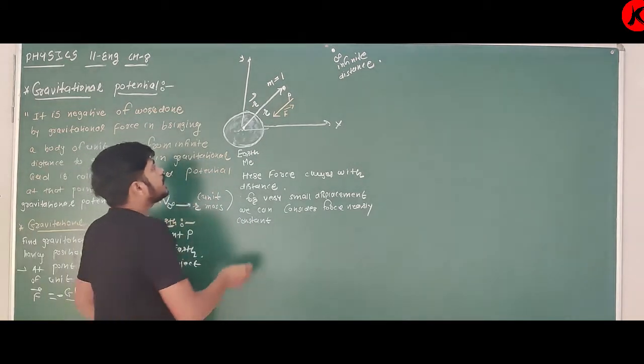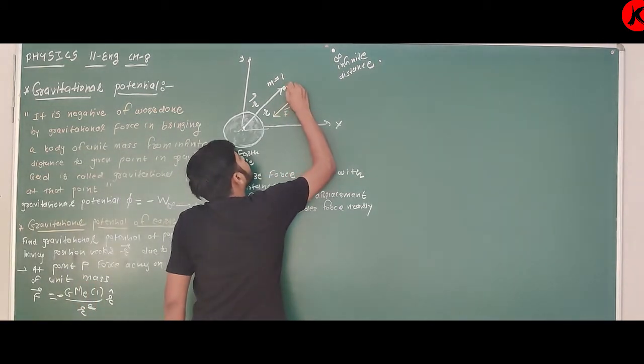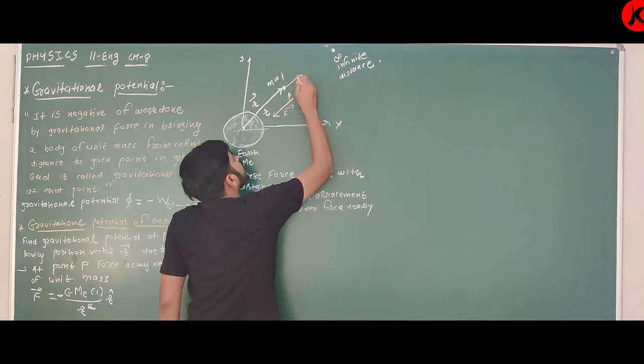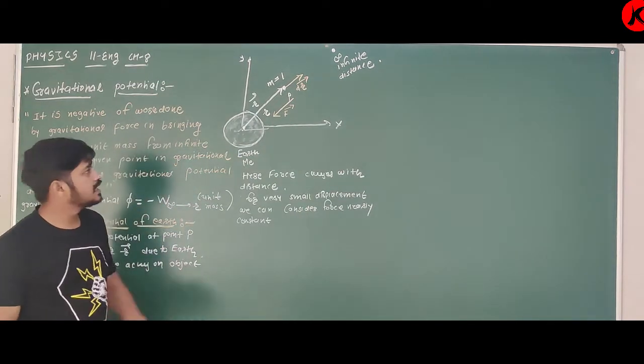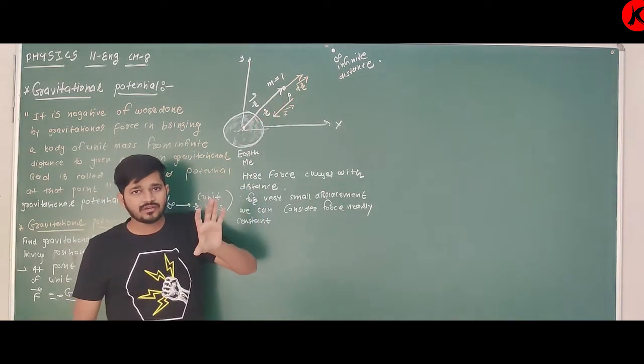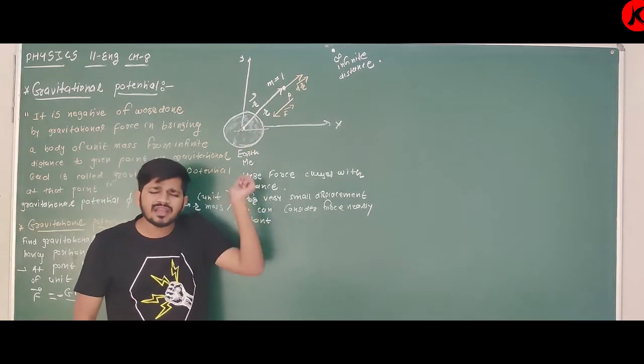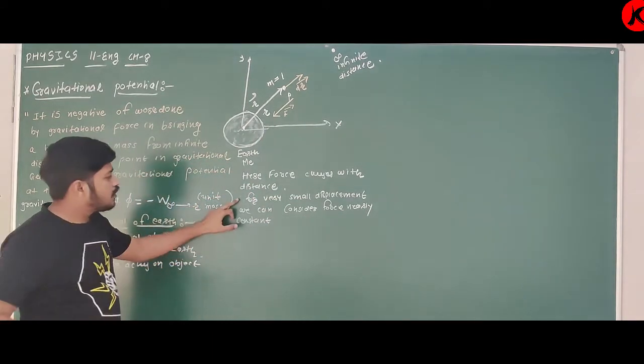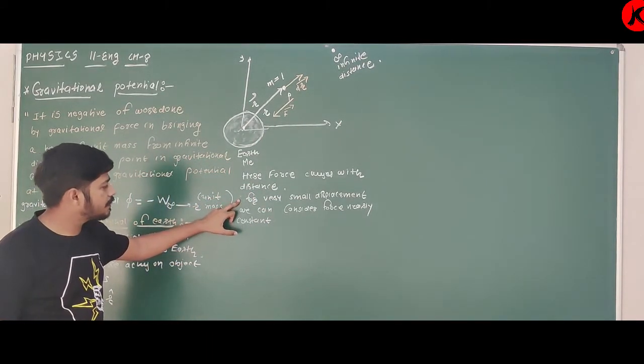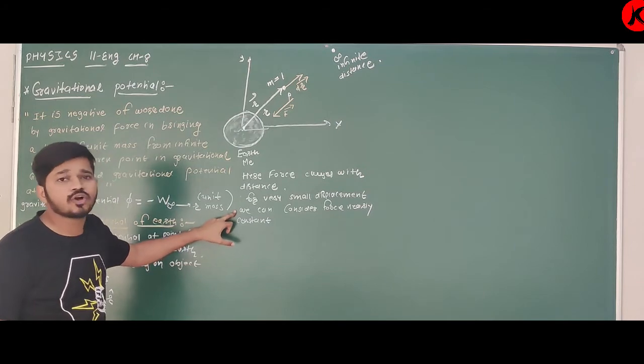How? If I am taking a very small displacement dr in this direction, actually in the figure it is drawn large, but actually it is very small. So for very small displacement we can consider the force nearly constant. Why?